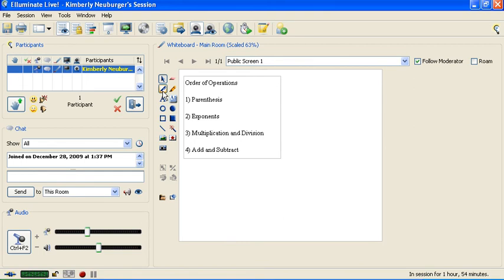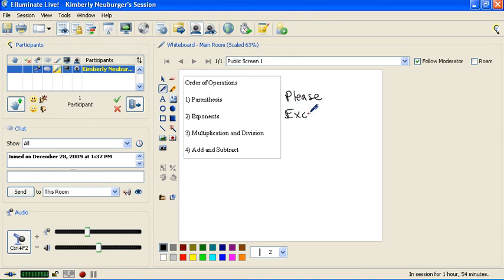Well, there's a nice little saying that helps you remember this order. The little saying is, please excuse my dear Aunt Sally. Now, please starts with a P. So that helps you remember parentheses because it's first.